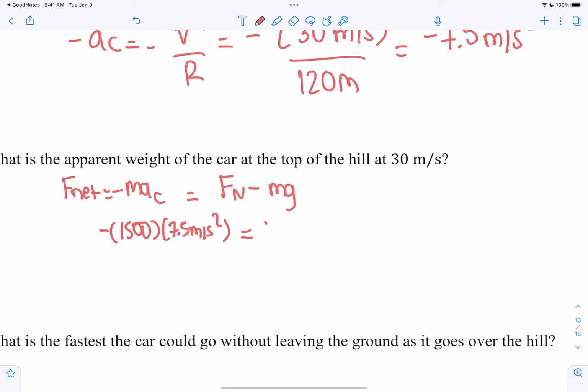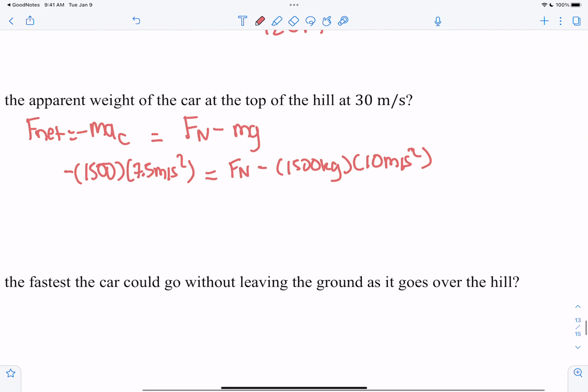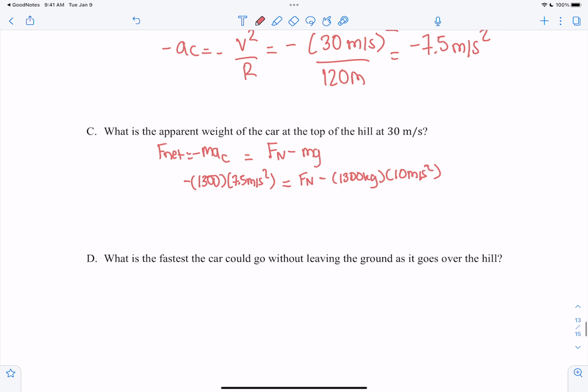And this is equal to the normal force that I'm trying to figure out, minus 1500 kilograms times 10 meters per second squared for my gravity, right? And so all I have to do here, or is it 1500 or is it 1300? I'm so sorry. 1300 kilograms. So this is 1300, not 1500, sorry about that. So 1300 times 7.5 equals Fn minus 1300 times 10, right?